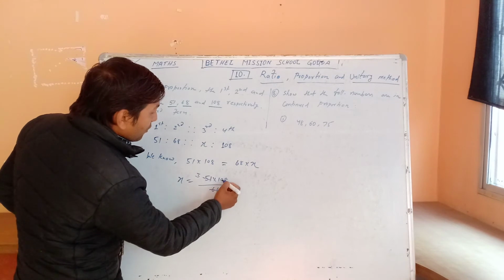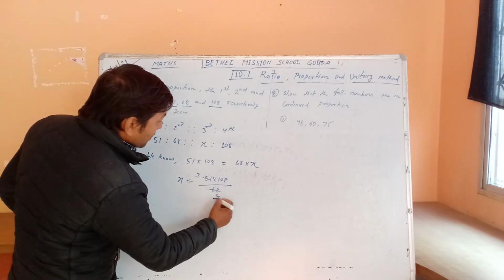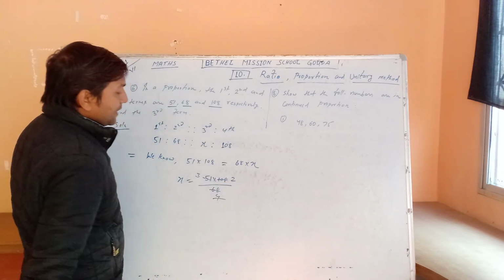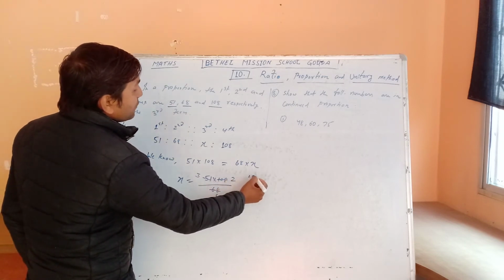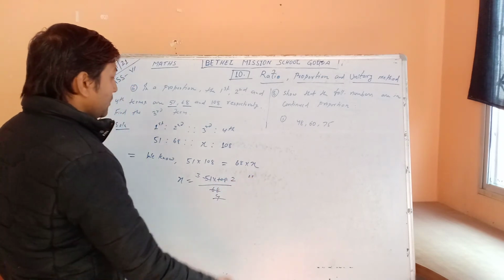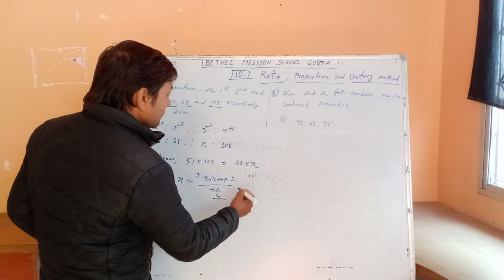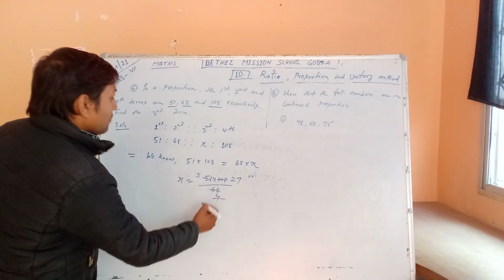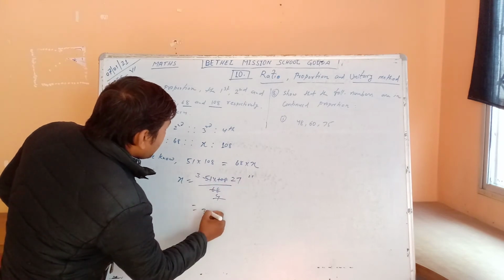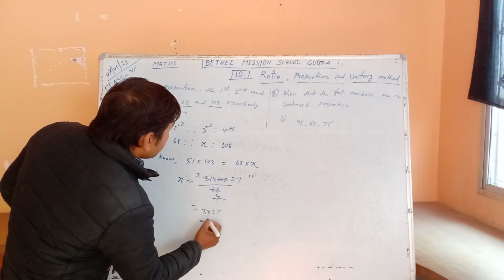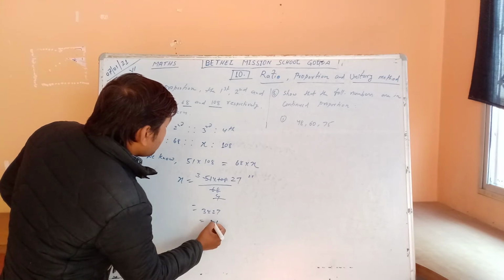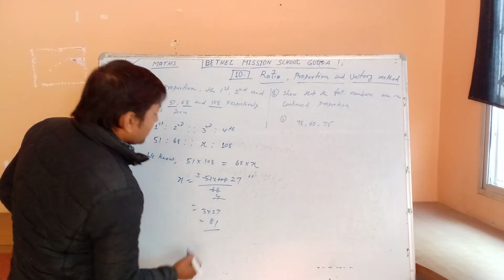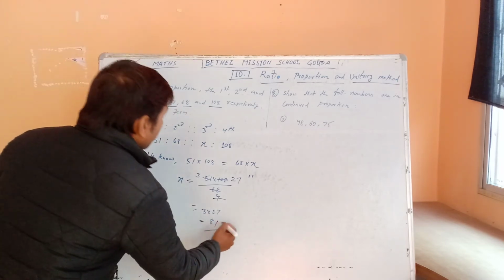And by 4 also this can be divisible. 4 twos are 8, 2 and 8, 28 divided by 4 is 7 times. Okay, so now 3 into 27, 81 is the answer.